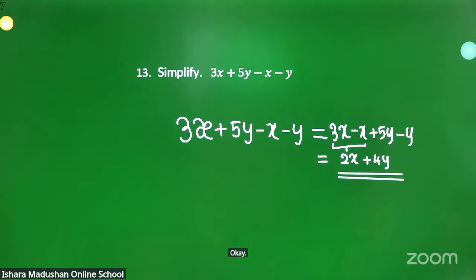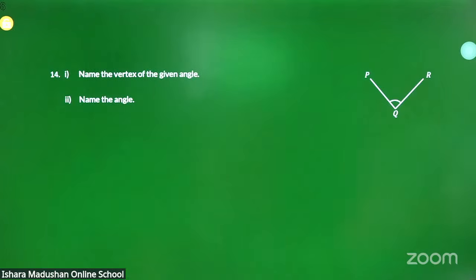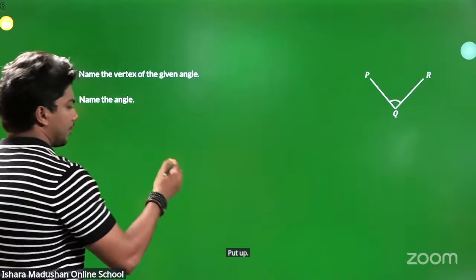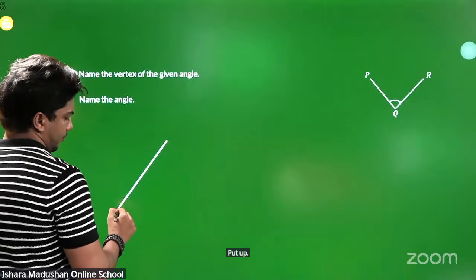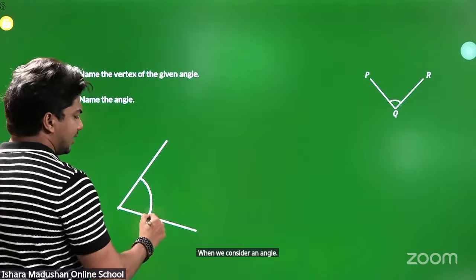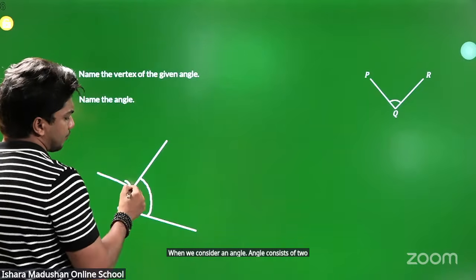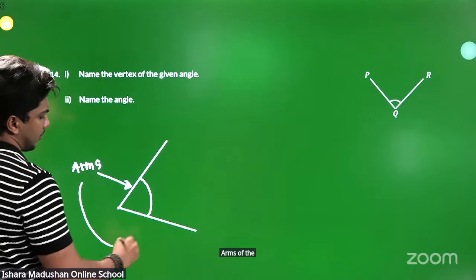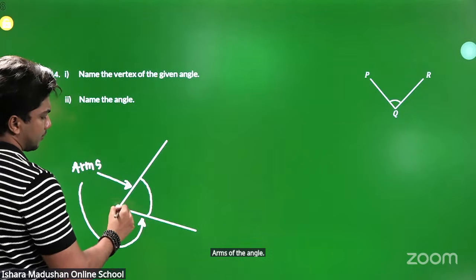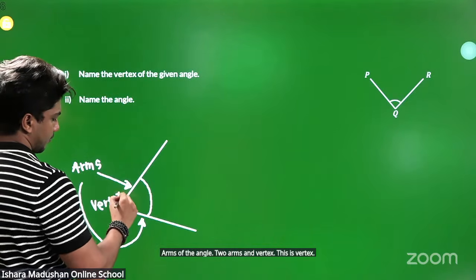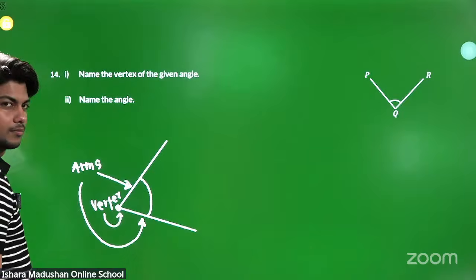We shall go to the next question. When we consider an angle, it consists of two arms. These are called the arms of the angle. Two arms and a vertex. This is the vertex.